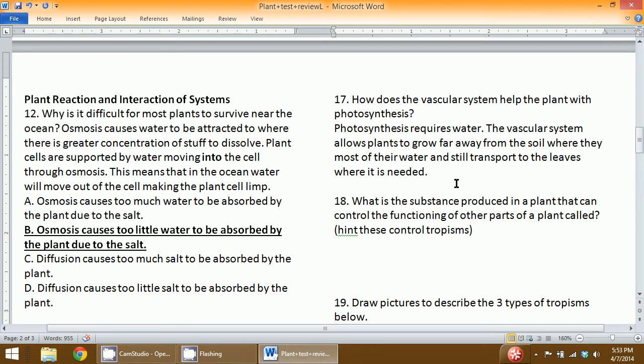This vascular system generally just allows organisms to get larger by moving liquids around the body, for many reasons, for a multitude, even more than just water, although water is probably the primary thing.